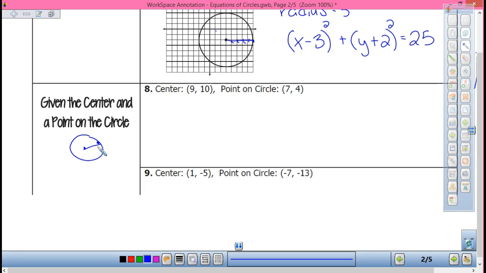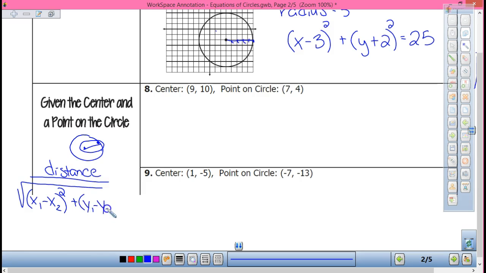But what do we call this, from here to here? Distance. So if you recall, the distance formula is the square root of (x1 - x2)² + (y1 - y2)².